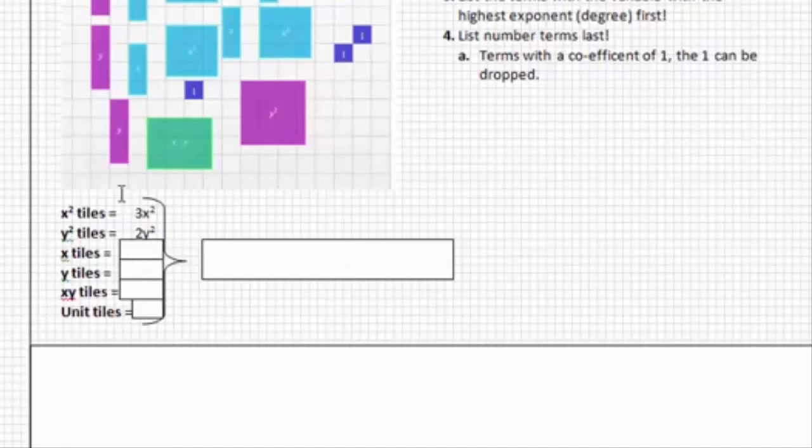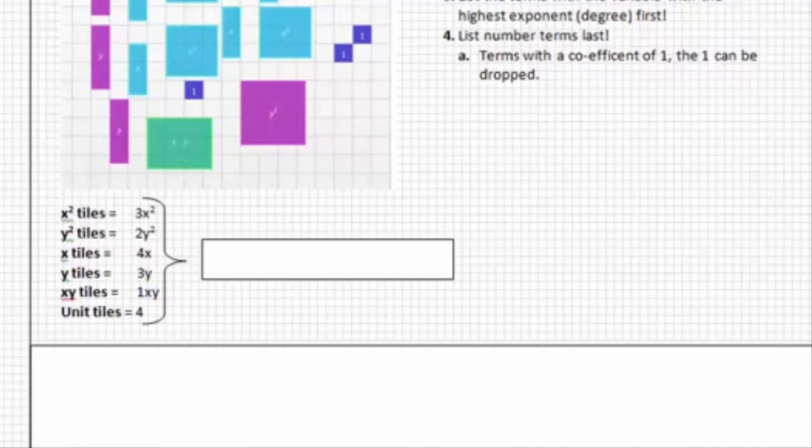The number of x tiles, these x rectangles, so I have 1, 2, 3, 4 x's, 1, 2, 3 y tiles, and xy, those are those green rectangles. I have 1 of those, so 1 xy, and then the units, the ones I have 1, 2, 3, 4, they're all positive, so I have 4 unit tiles.